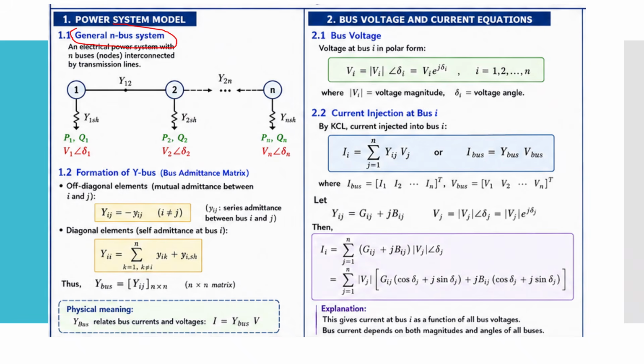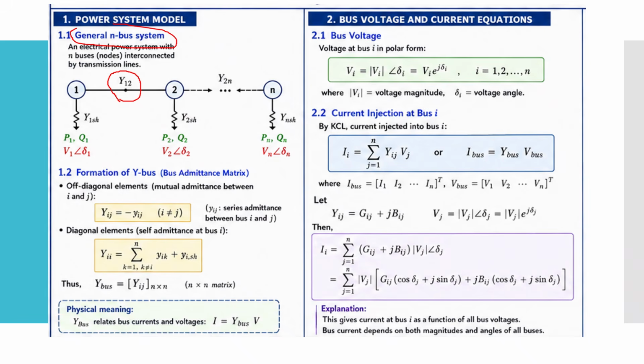So, for example, we have bus 1, bus 2, and bus n. There is an admittance between bus 1 and bus 2, bus 2 and bus n, bus 1 and bus n, something like that. So we will form a bus admittance matrix by using the previously defined equation.